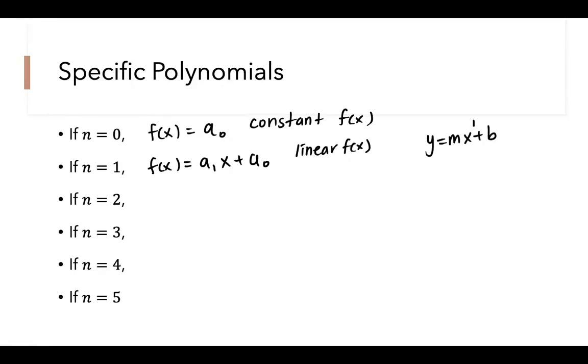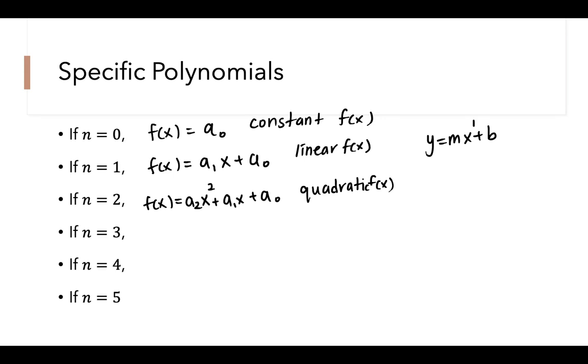The degree is 1. If the degree is 2, can you imagine what it will be? It's going to be a quadratic function. For example, f(x) = a2x^2 + a1x + a0 and so forth, the same pattern.